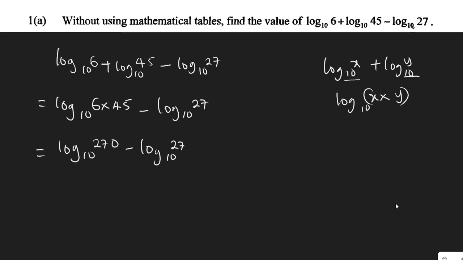Now what is between them is subtraction. I would have done it at the same time, but because I want to break it down for you to understand, we're going to change this one to division, because subtraction in this law is division. Since all of them have log base 10, it's going to be 270 divided by 27.